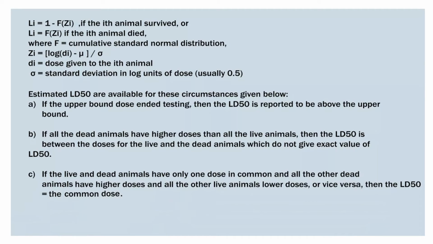Li is 1 minus F(Zi) if the animal survived, or F(Zi) if the animal dies, where F is the cumulative standard normal distribution, Zi equals (log di minus mu) upon delta, and di is the dose given to the animal, and delta is the standard deviation in log units of dose, usually 0.5. It's a kind of sigma, not delta.